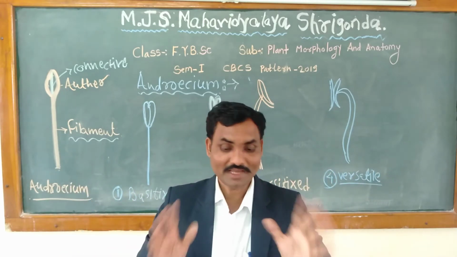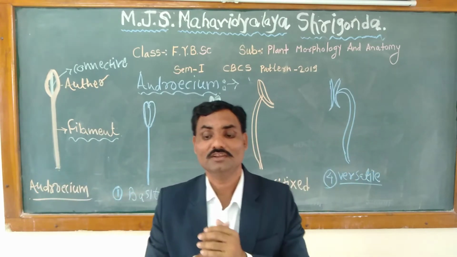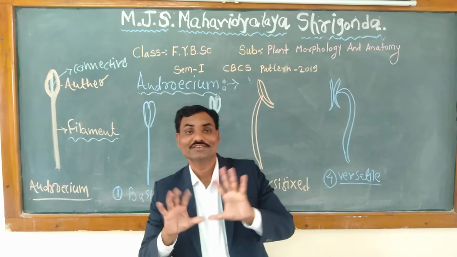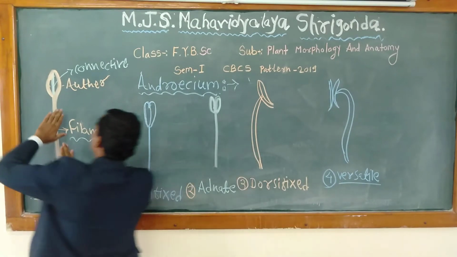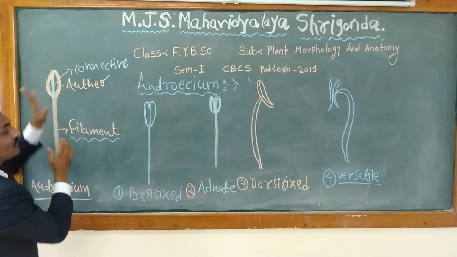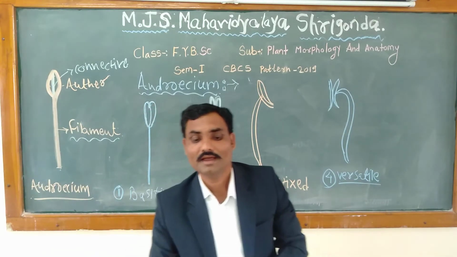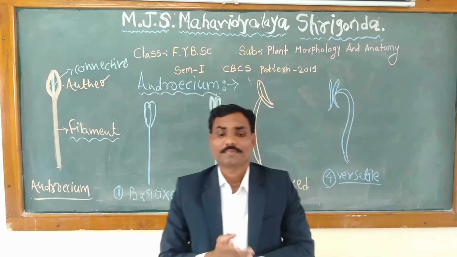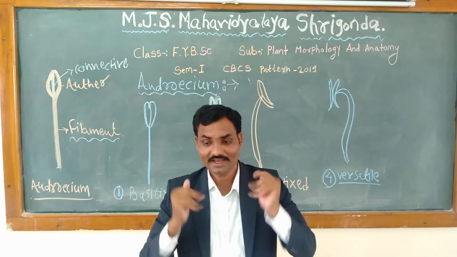When the stamens are without filament, it is called sessile. When there is no filament in this way, it is called a sessile state.